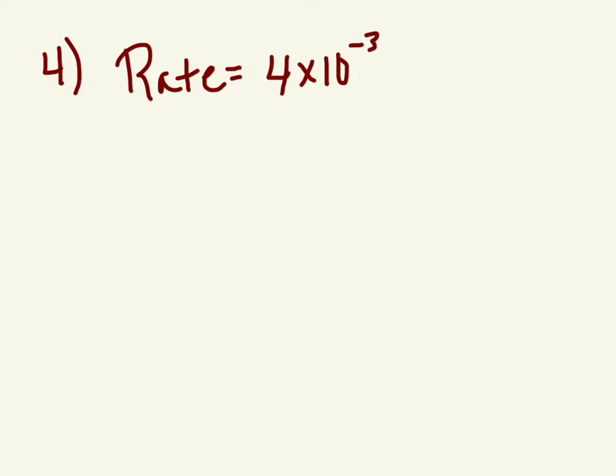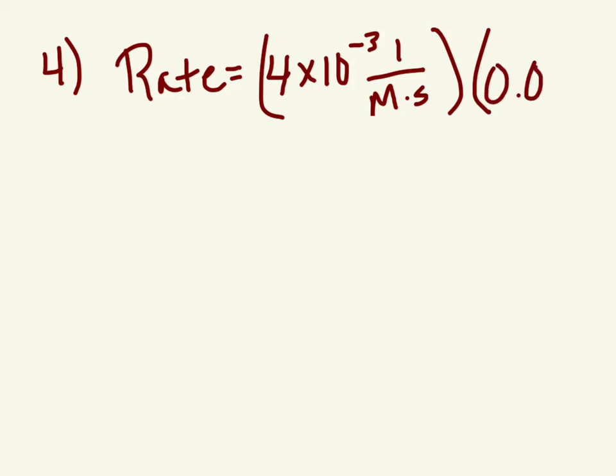Okay, so we now know what the orders are, and we now know what the rate constant is. So in question number 4, when it asks you to calculate the rate of the fourth reaction, you're just going to plug in your values. What we know now is rate is equal to K, which we just found to be 4 times 10 to the negative third, 1 over molar seconds, times the concentration of A, which is 0.050 molar, and we're going to square that because remember it's second order with respect to A. Then you're just going to multiply those two together.